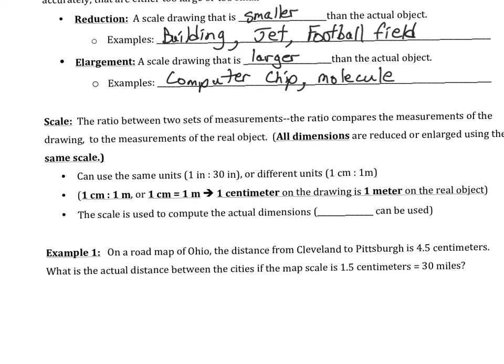You can use the same units, like 1 inch is the same as 30 inches, so 1 inch on a drawing is the same as 30 inches on the actual object, or different units. 1 centimeter is the same as 1 meter. When you're dealing with maps, we can't use the same units because we're talking about miles instead of inches. When you look at a map, you're looking at inches. When you look at the actual ground that we are traveling, you're looking at miles.